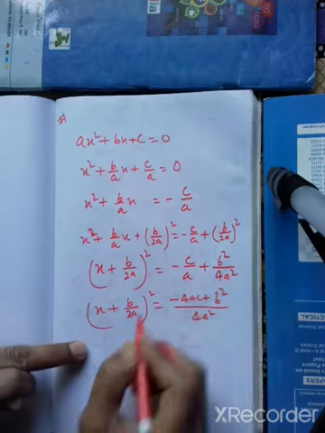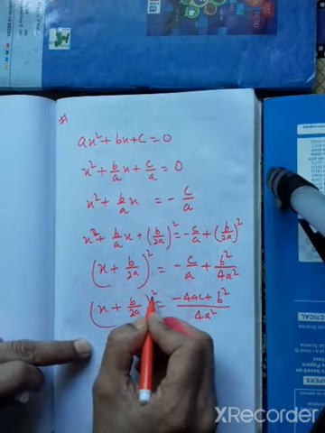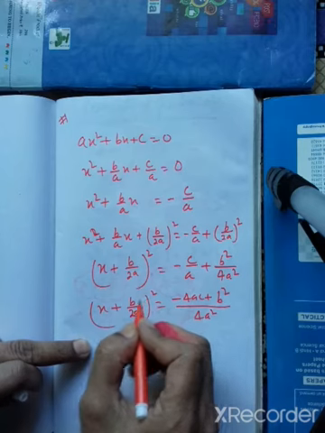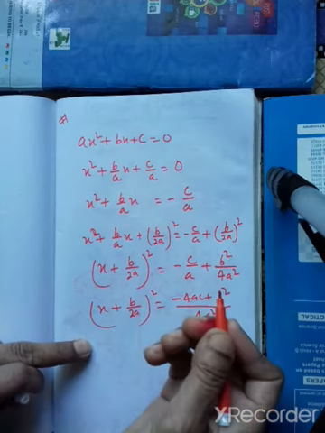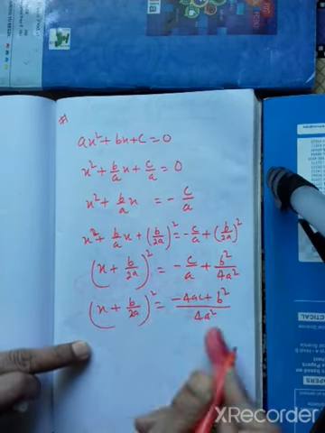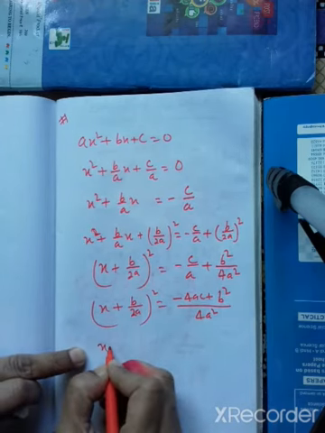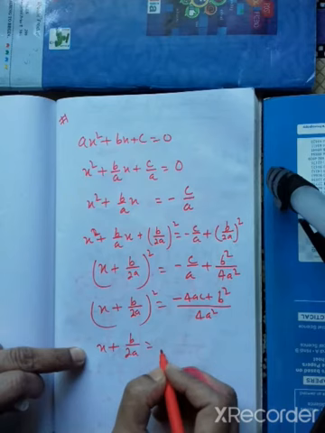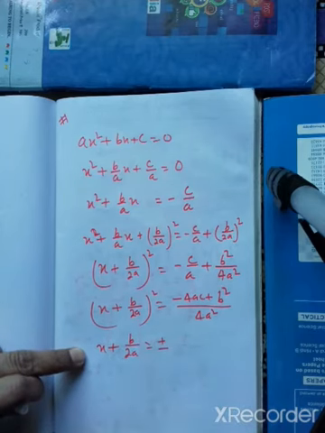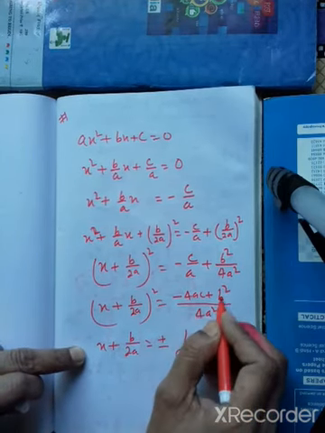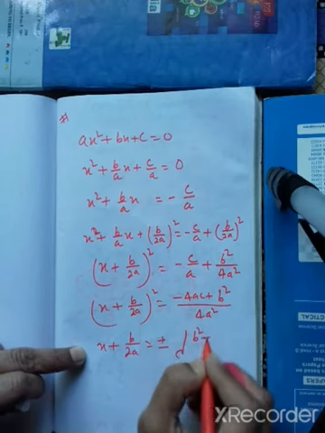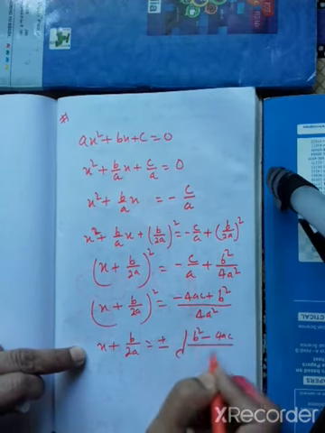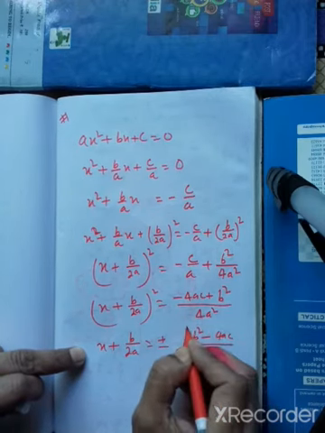Now to remove this square, either you can transpose it to the right hand side, where it will become a square root, or you can take the square root of both sides. So x plus b by 2a is equal to the square root of, and whenever we take a square root, this will be plus minus under root. Positive I am writing first, negative afterwards, b square minus 4ac by 4a square.